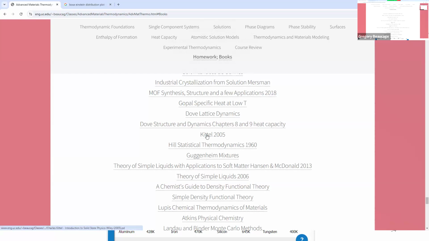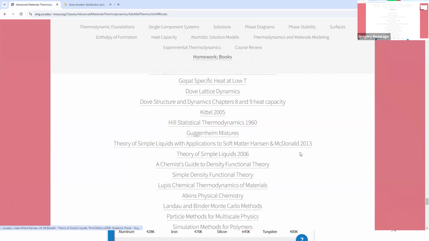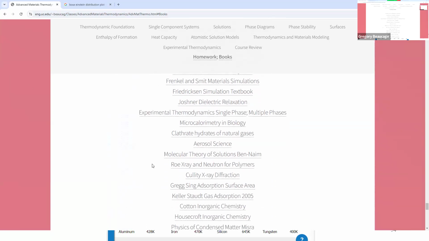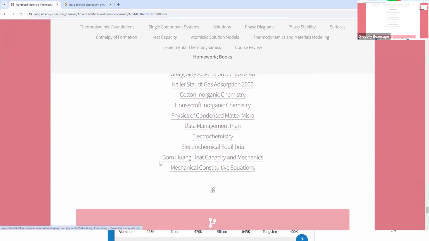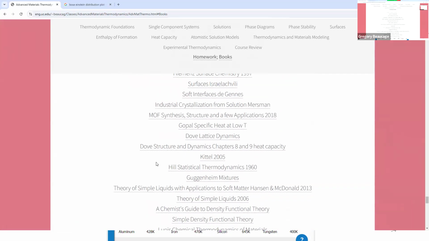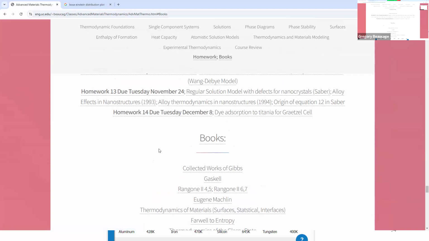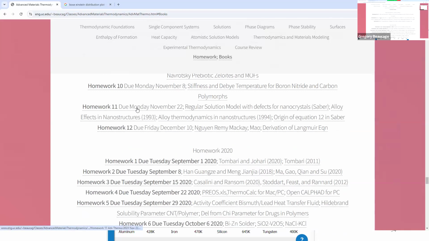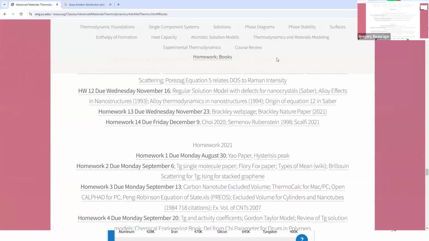Both of these, Dove and this Kittel. So anything with Kittel or Dove in it. And the Hill has it in it. If you look at these, it's not as good as looking at the wiki page. Anything with Kittel or Dove in it, there's 4 books there. All those are pretty good for this, but it's a lot of math, so you might need to really spend some time looking at it. The wiki page is pretty long if you go to that.